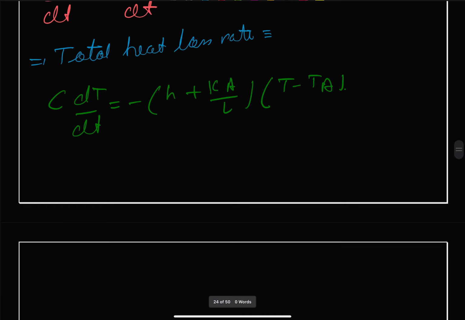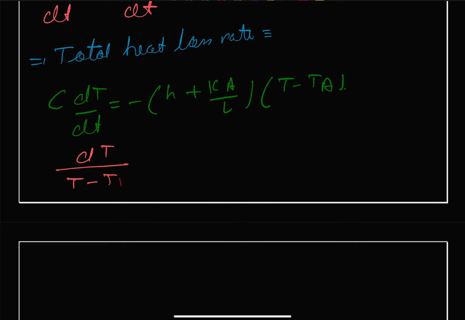Now we can just make some adjustment here and get the equation. So we get dT upon T minus Ta will be equal to minus H upon C plus K A upon C L times dt.